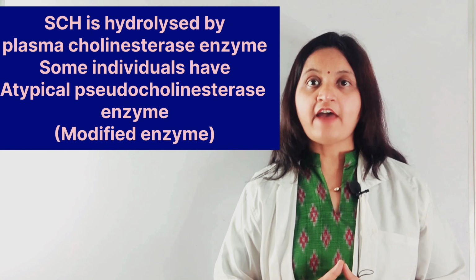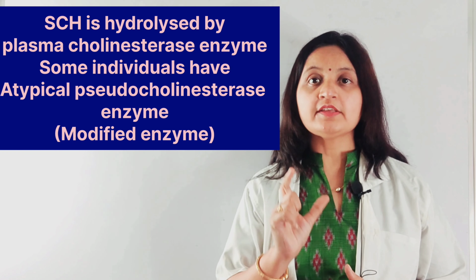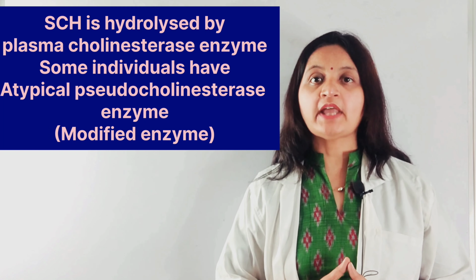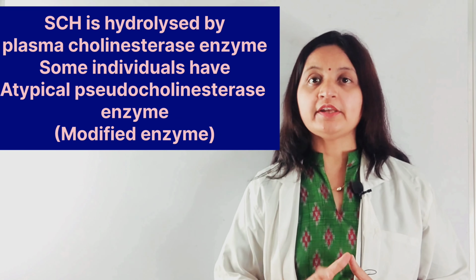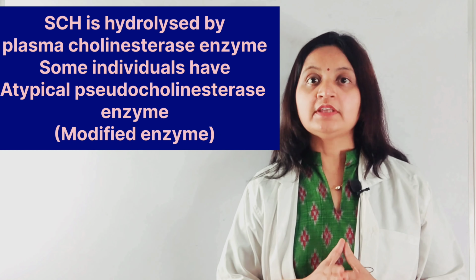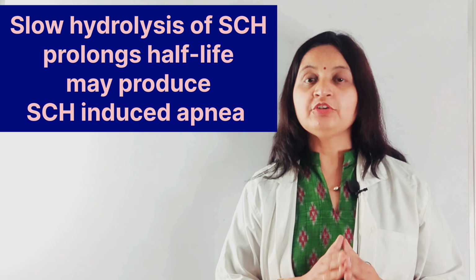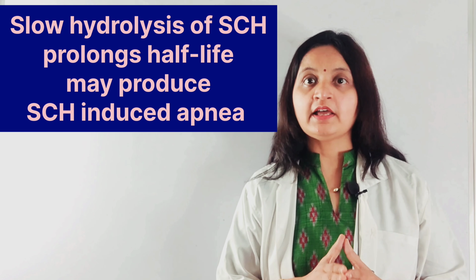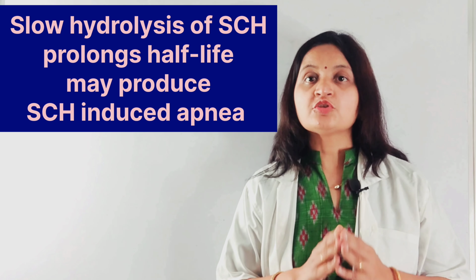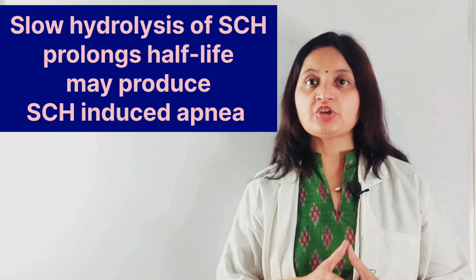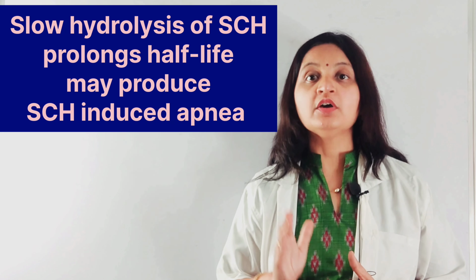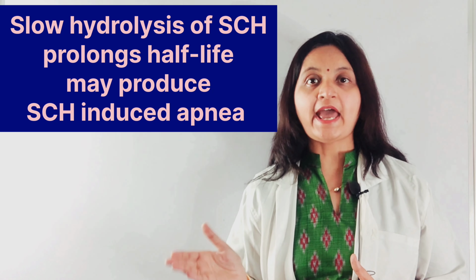Some individuals have a modified form of cholinesterase enzyme, also known as atypical pseudocholinesterase enzyme. So this causes slow hydrolysis of succinylcholine leading to accumulation of the drug and prolonged T-half. So increased concentration of succinylcholine can lead to succinylcholine-induced apnea.